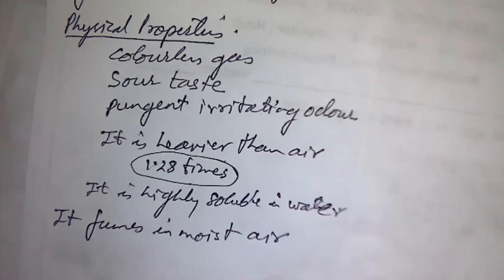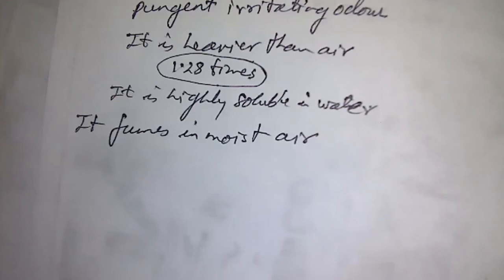Okay, and this high solubility in water, how can you prove it? Hydrogen chloride is highly soluble in water. How can you prove it? There are experiments for this. Yeah.